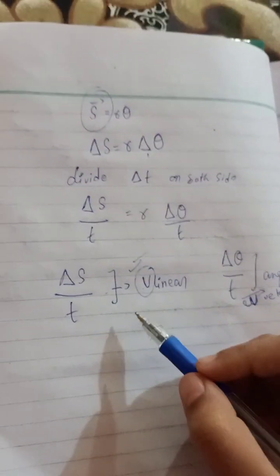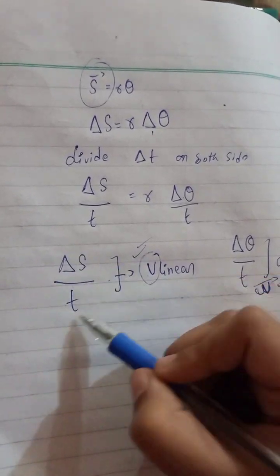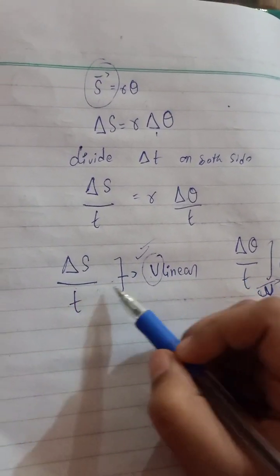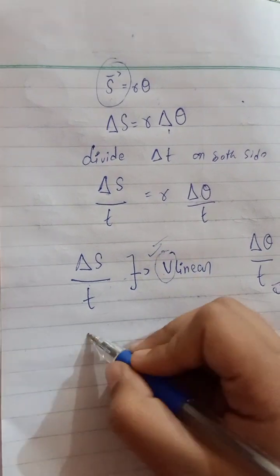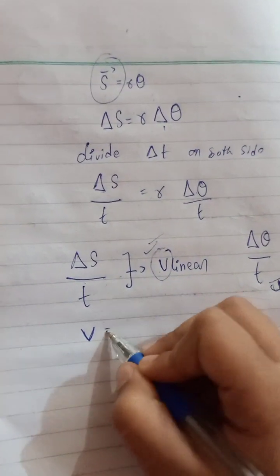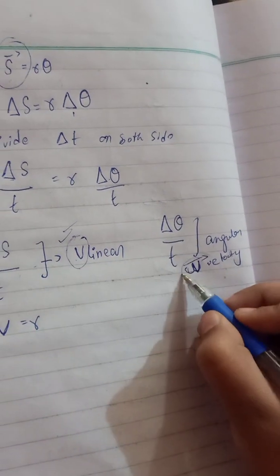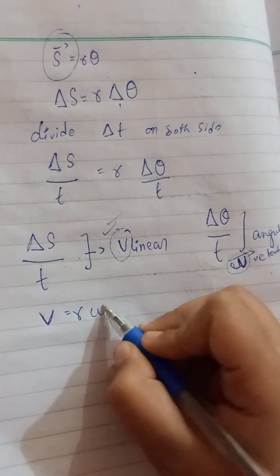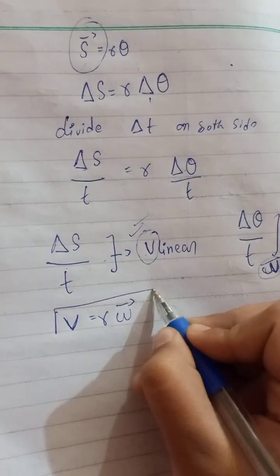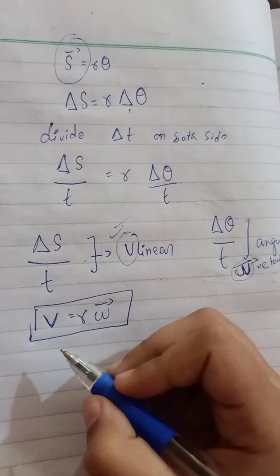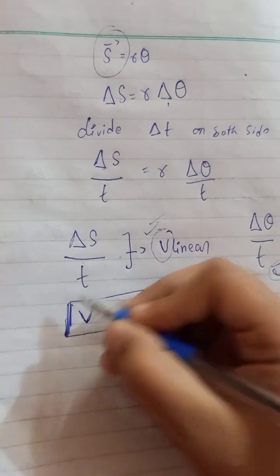So I can write here the replacement of v, so on that I can write here v as well as r, and here we are denoting this as omega, so we can write here omega. So here you can see that both have the same relation.